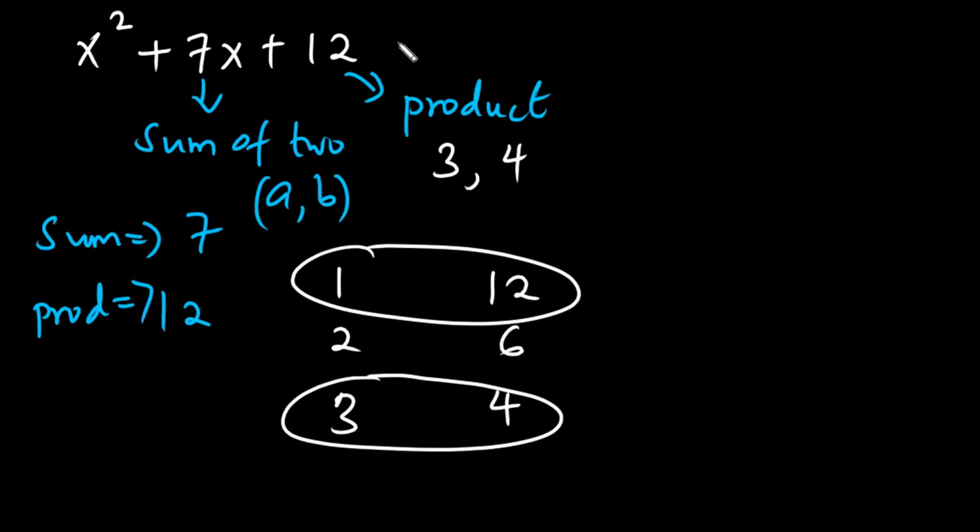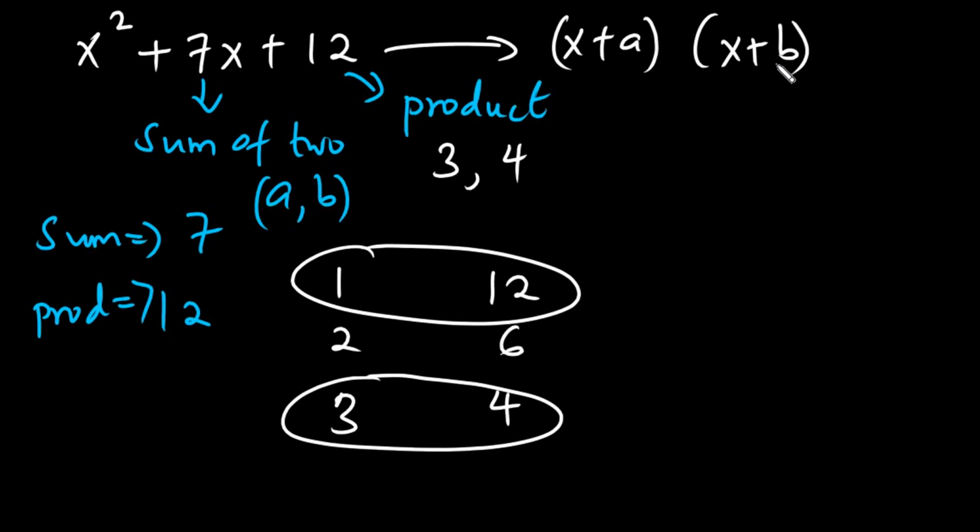So we said factoring this expression means writing it as x plus A and x plus B. Okay, so we can take any of them, either 3 and 4, to be A and B. So this is going to be x plus 3, x plus 4.